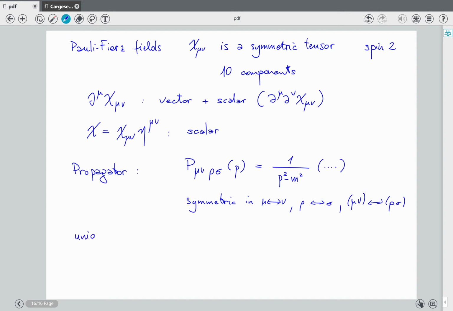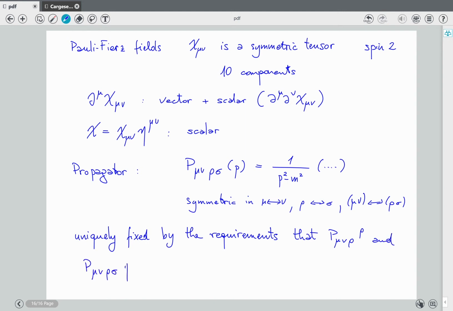And the result will be that it will be uniquely fixed by these 2 extra requirements, which are that the contraction with a trace and the contraction with a p have no poles.